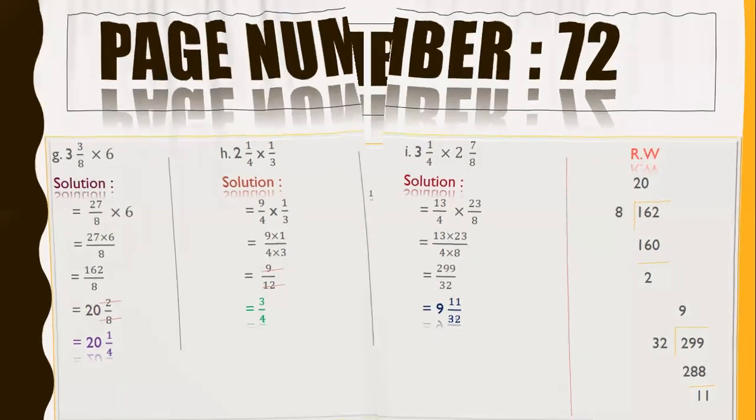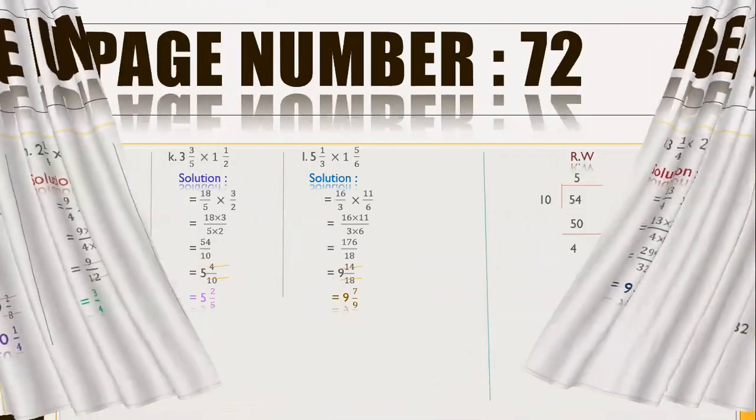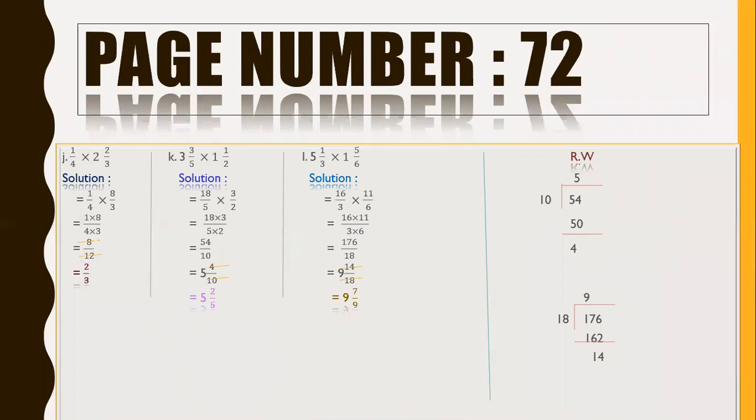Part J is 1 over 4 multiplied by 2 whole number 2 over 3. One is a proper fraction and the other number is a mixed number. The same procedure, the same method we adopted in the previous one, we also adopt in this question. Converting the mixed number into an improper fraction.